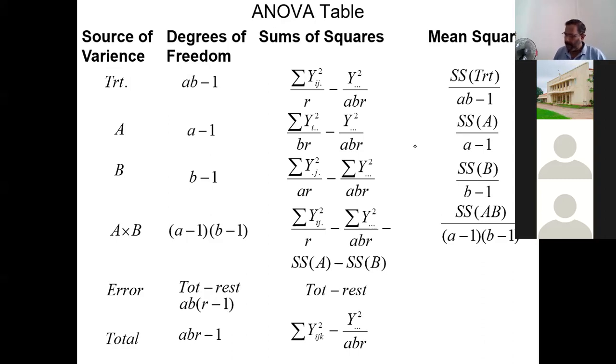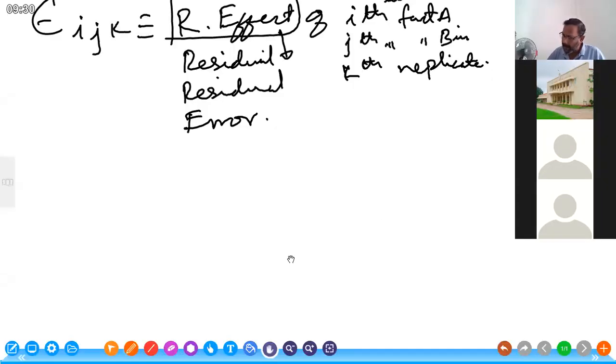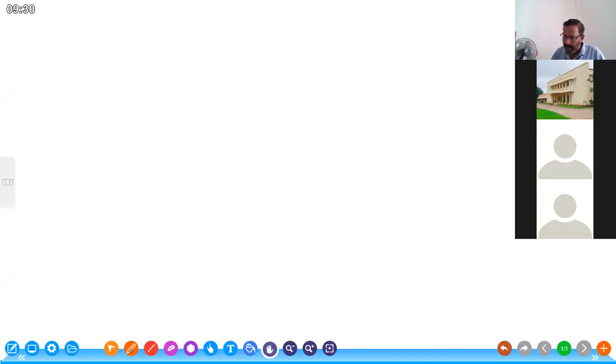This may not be related to agriculture, but we will do an agriculture-related example later on. This is something to do with a computer.